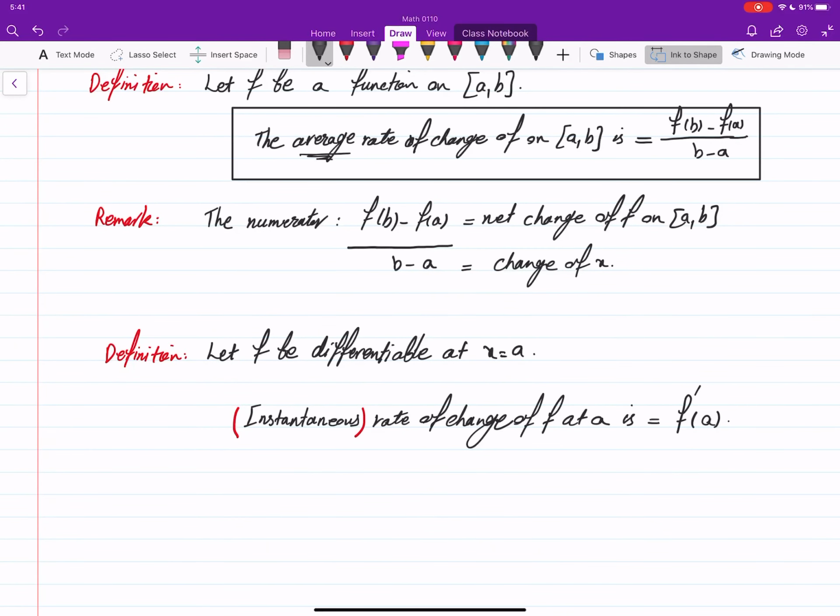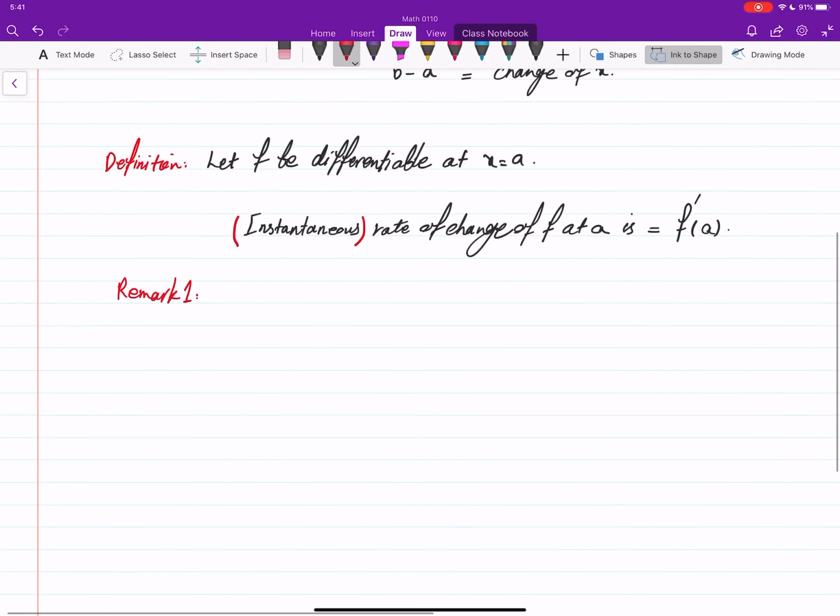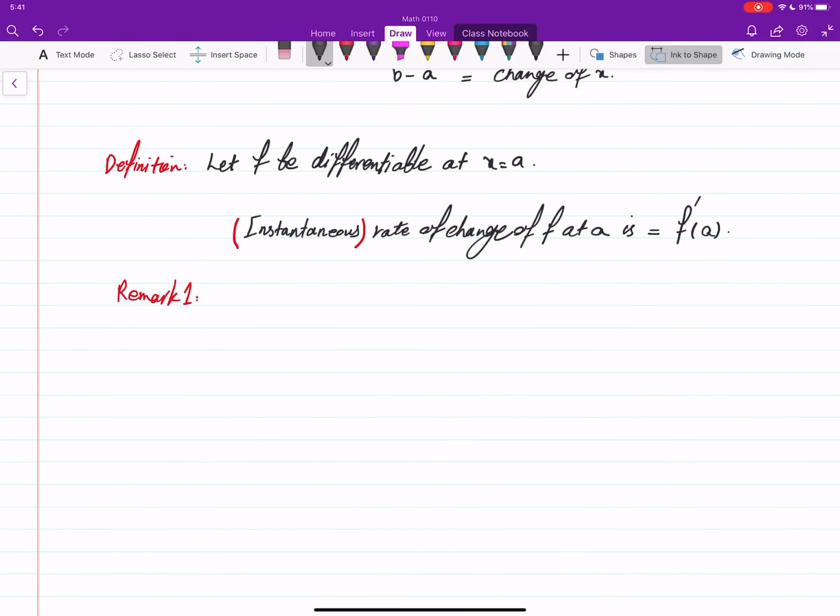So let me write two remarks here. Remark 1: for a line, the average rate of change.